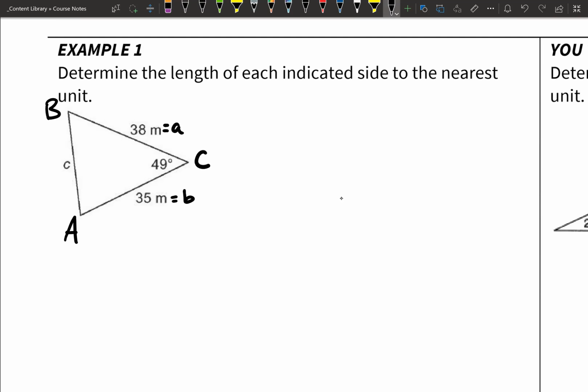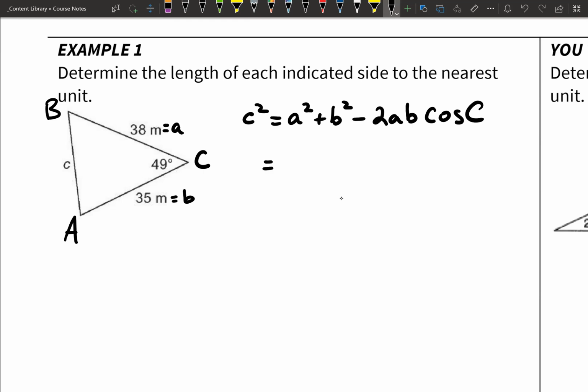Okay. And now if I'm looking to use the cosine law, I'm going to be finding side C. So I will write this as C squared equals A squared plus B squared minus 2 times AB times cosine of angle C. Okay, so you write down the appropriate cosine law, and then you plug in the numbers.